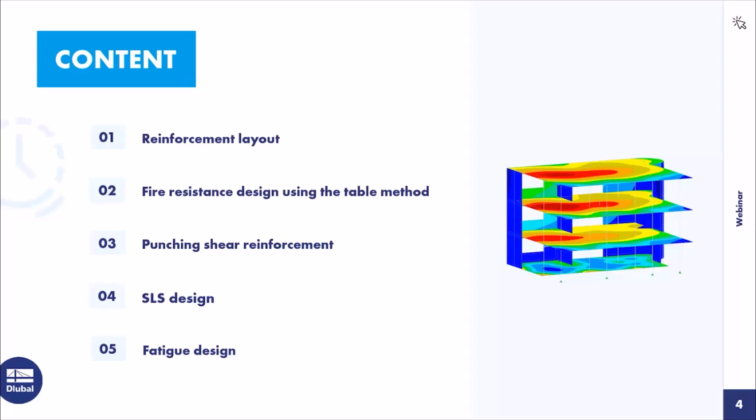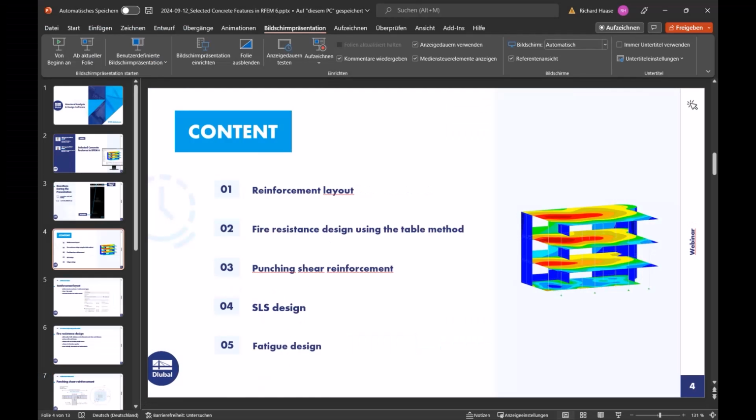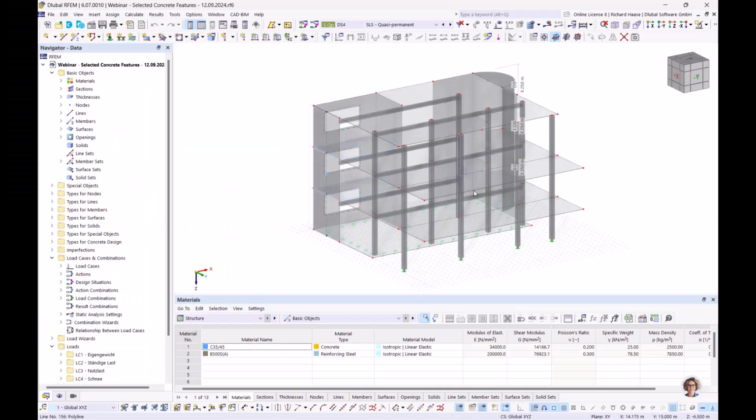And the last point is the fatigue design. There we have at the time two alternative design options. I will come to this later. Okay, good, then let's switch to RFEM 6.